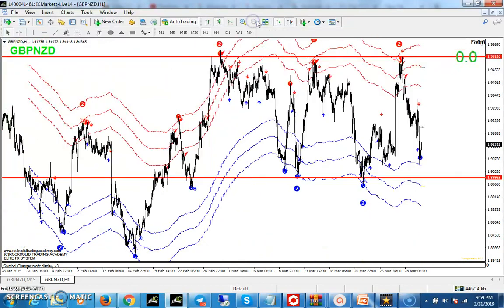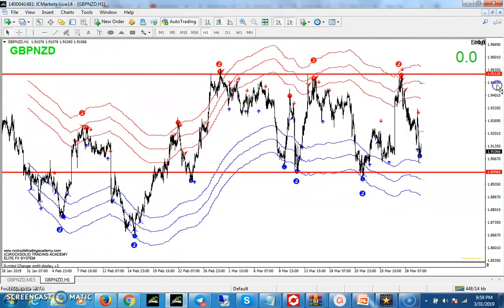You can see the reaction. So I will take this trade, picking the resistance and support from D1. You can see the reaction working exactly with the Elite Forex system.